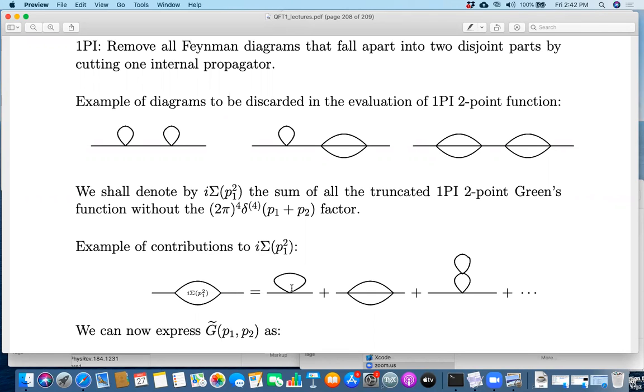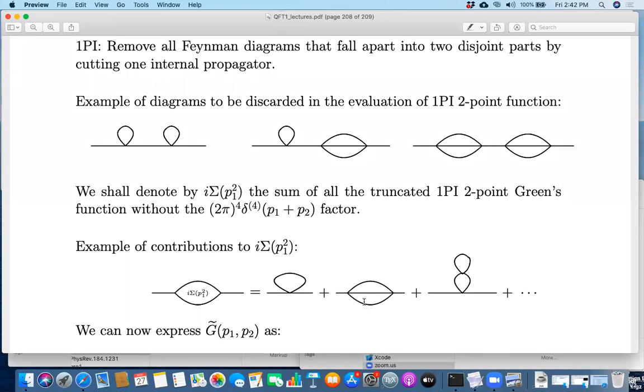And then there's a factor of minus i lambda over 4 factorial from this vertex. So these factors are included in the definition of i sigma. But you don't include the i over minus p1 squared minus m squared or i over minus p2 squared minus m squared from these two external propagators. Nor do we include this momentum conserving delta function, (2 pi)^4 delta^4 of p1 plus p2.